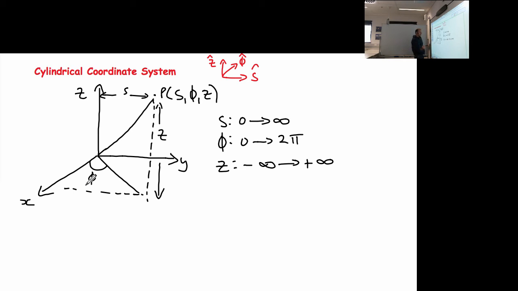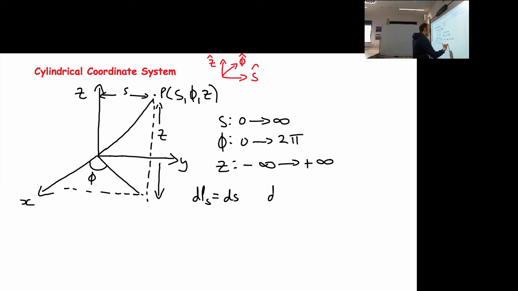Now, we can also write down our infinitesimal displacements for each of these. So in the S hat direction, we have dl_s is just equal to ds.